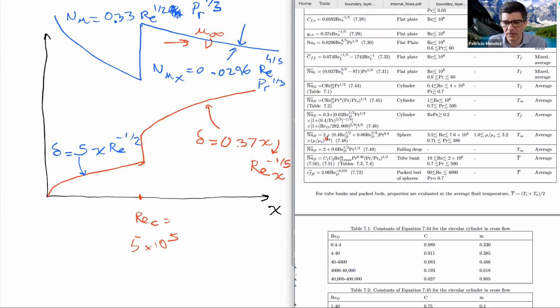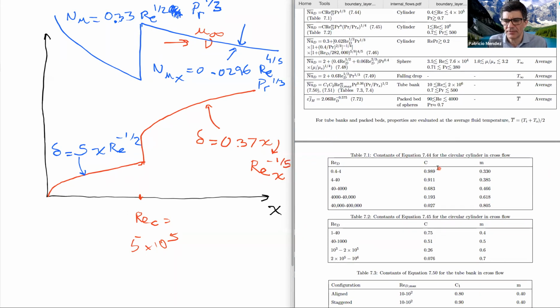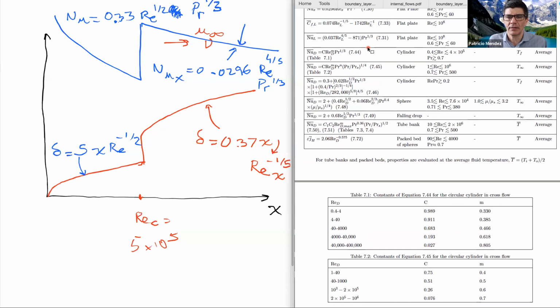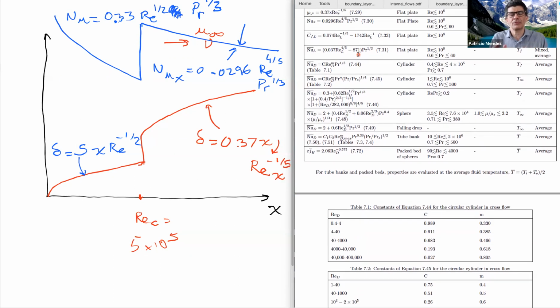Here it says table 7.1, and it gives us what the C value is and what the m value is. We put it in and we calculate Nusselt. Now we have Nusselt. And what does Nusselt tell us? Nusselt itself tells us very little, but we can unpack it using the expression for Nusselt, that is hL/k. So we solve for h.